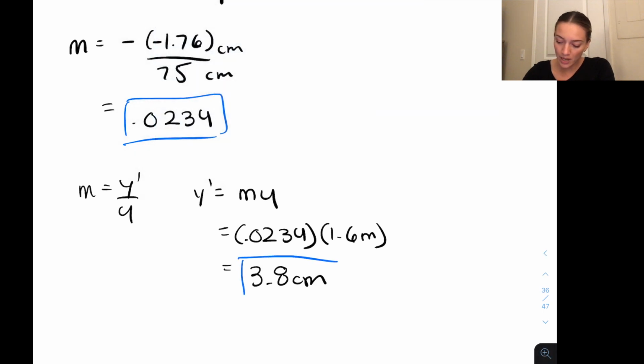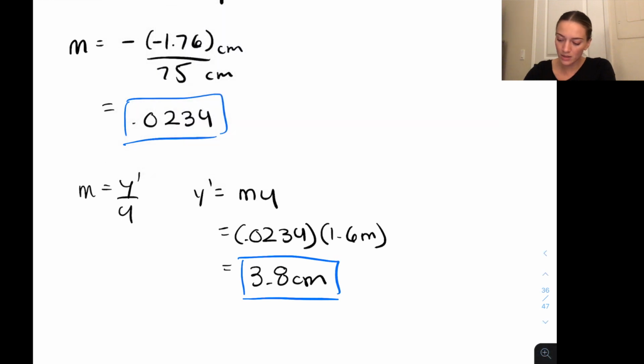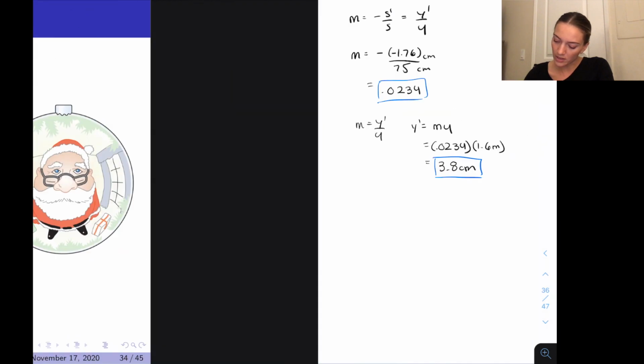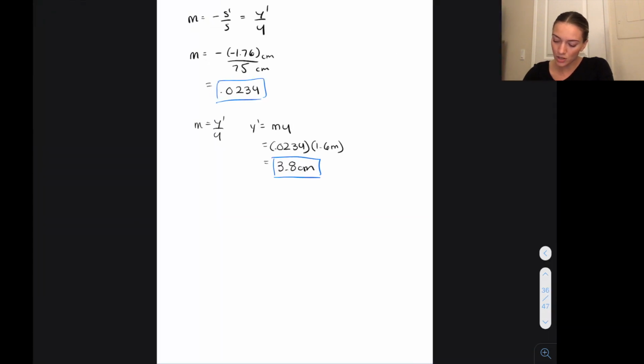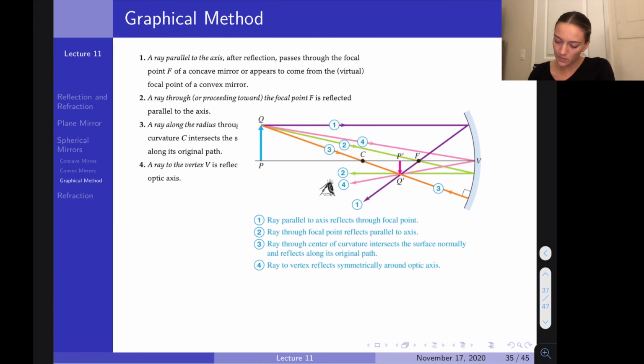So the image height is 3.8 centimeters, and that makes sense because in a little Christmas bulb, you would expect to have a small image. So we have how tall the image of Santa is, and we know whether it's erect or inverted. We said since the magnification was positive, that means that it's erect or upright, and that is all we need to do for that.